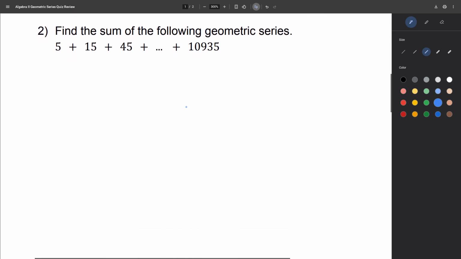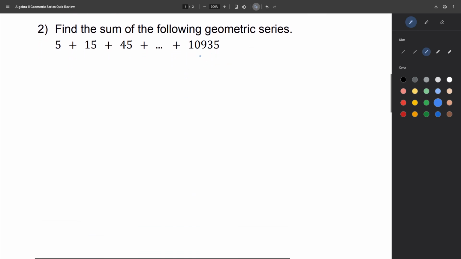All right, problem 2, we're finding the sum of the following geometric series. So again, this is a sub n, this is a sub 1. For the common ratio, let's take the second term 15 and divide by the first term 5. That'll be 3.